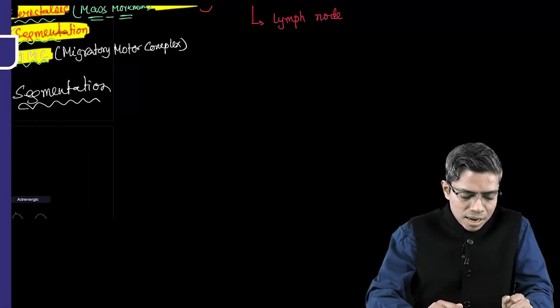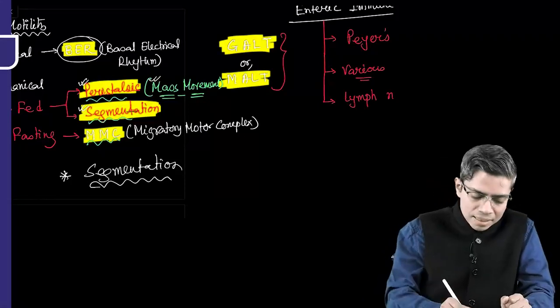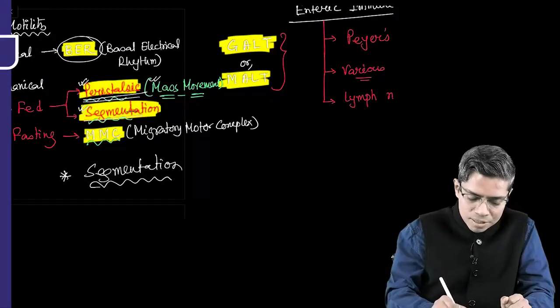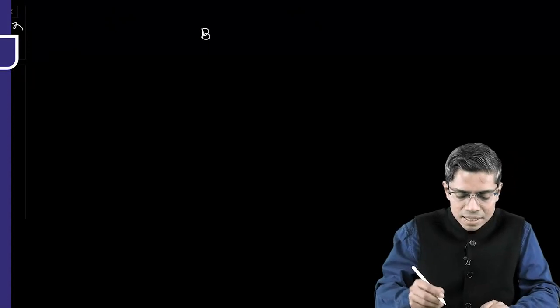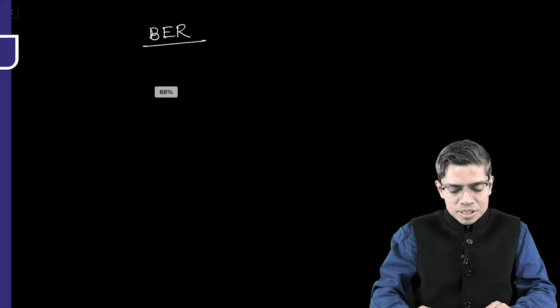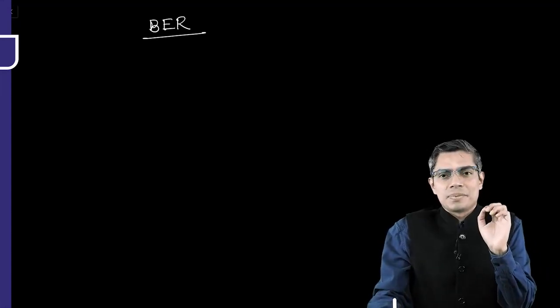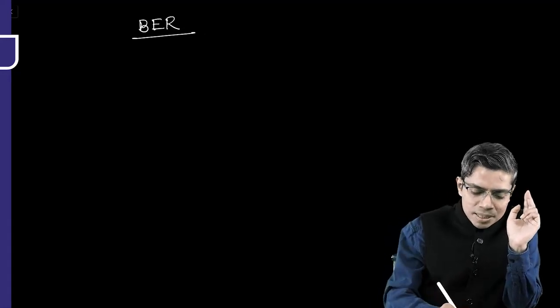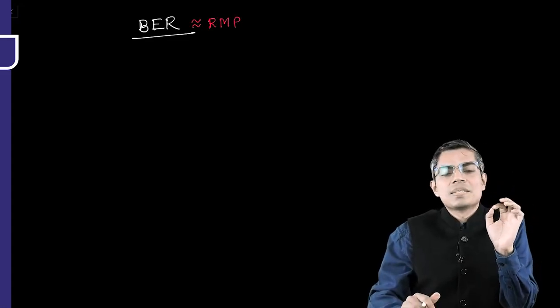So first we are going to discuss this electrical motility of the GIT, that is the BER, and then we are going to discuss briefly the other types of motility in GIT, right? So we are starting with the basic electrical rhythm or basal electrical rhythm of GIT, BER. If I ask you to tell me in one word or two words what BER is, your answer will be: BER is nothing but the resting membrane potential of GI smooth muscle.